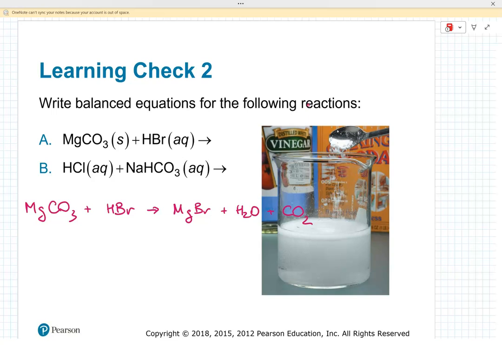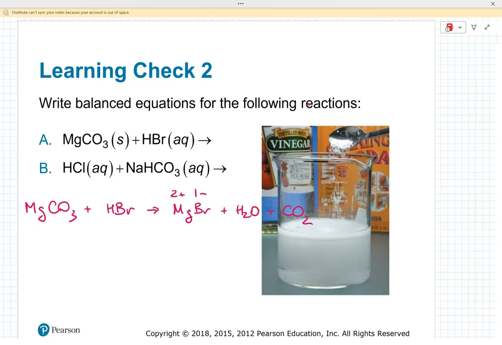Okay, cool. Did I write the formula for magnesium bromide properly? It needs some modifications. If in doubt, look at the periodic table. Magnesium, which group? How many charges? 2 plus. Bromide, which group? 17. So 7 electrons, 1 minus, because it will accept 1 electron.